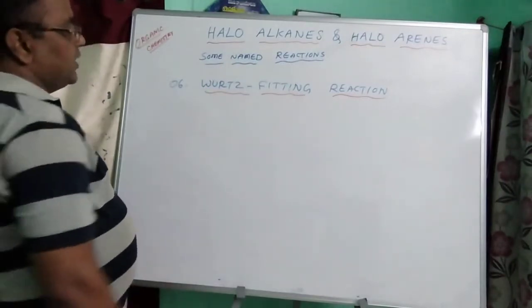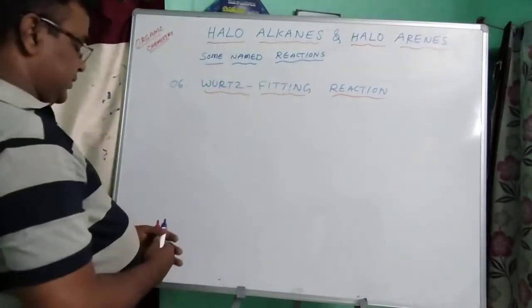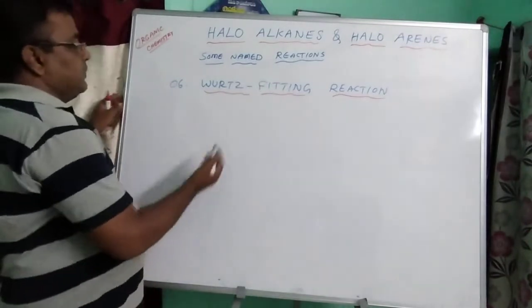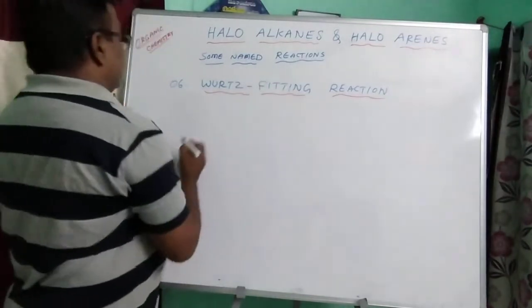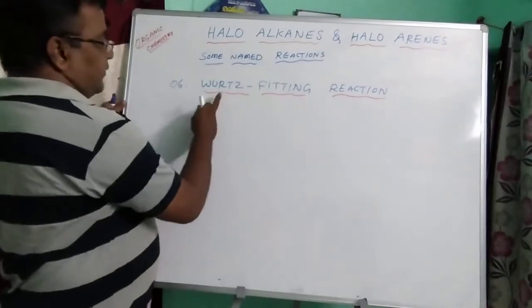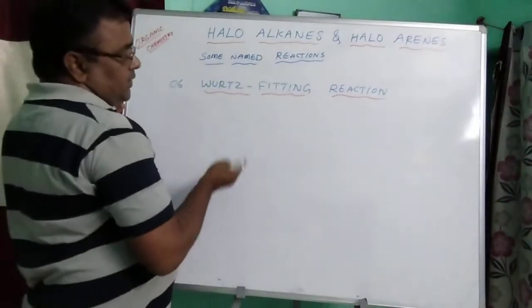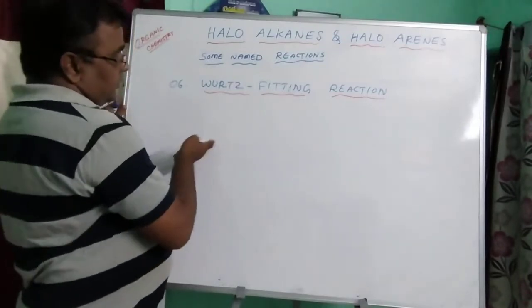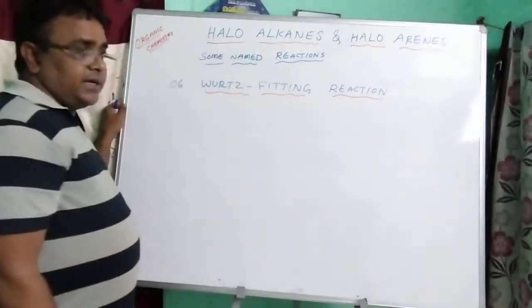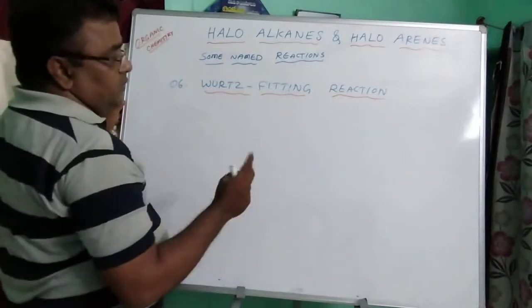This is a combination of Wurtz and Fittig reactions. That means a mixture of alkyl halide and aryl halide reacts with sodium metal in presence of dry ether, and it gives alkyl arene.